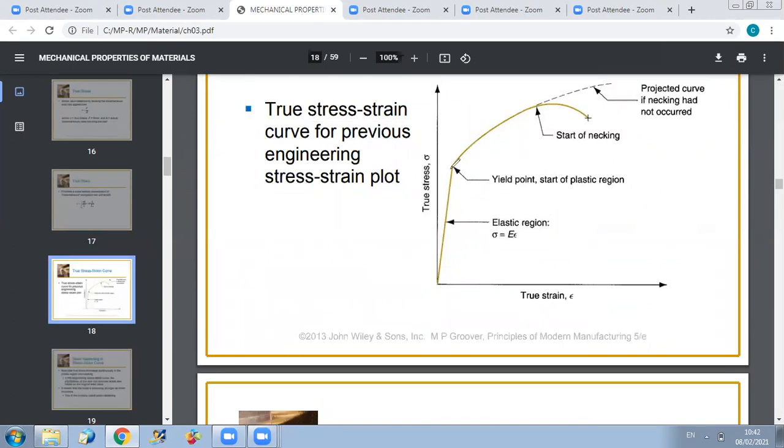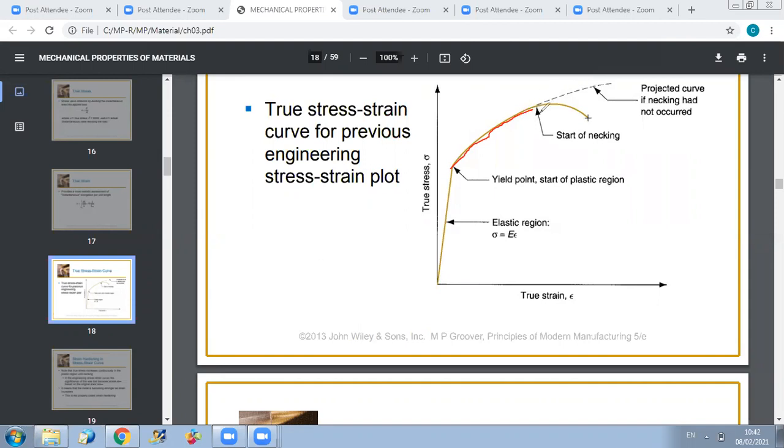And the strain hardening zone, why do we name it like this? Because you can see here that in order to increase the deformation, I need to increase the stress. So we call it the strain hardening zone because I am able to reach higher stress in order to have higher deformation.